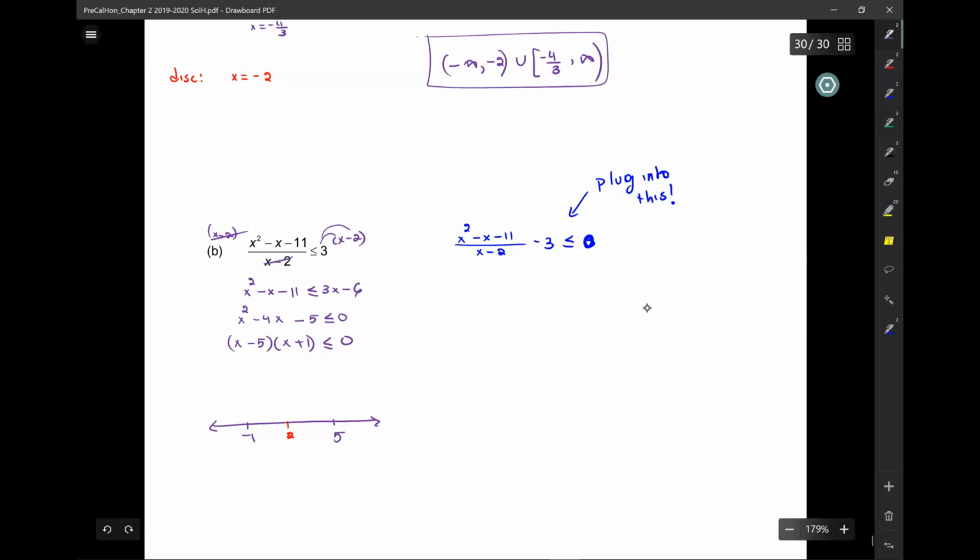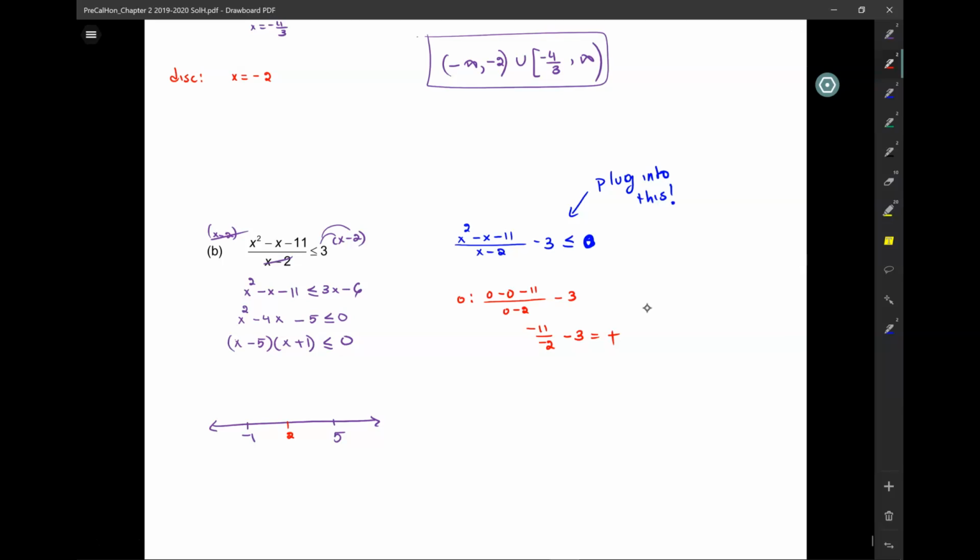So now let's plug in a 0. In the numerator, I get 0 minus 11 over 0 minus 2, minus 3. So that's negative 11 over negative 2, which is a positive number, minus 3. That's going to be positive, because 11 over 2 is like 5 point something.